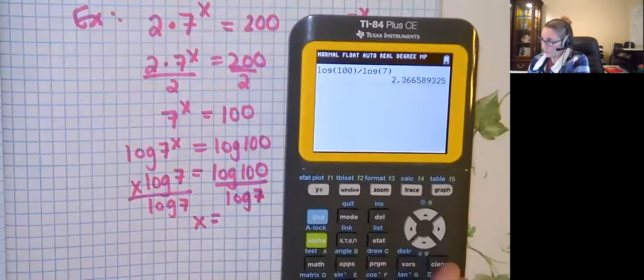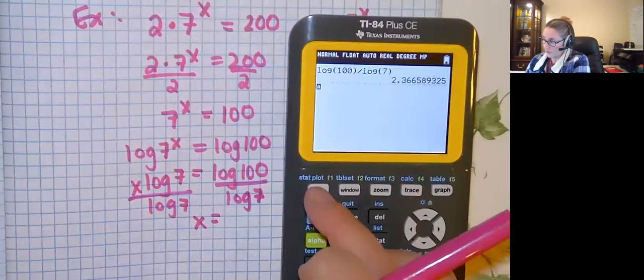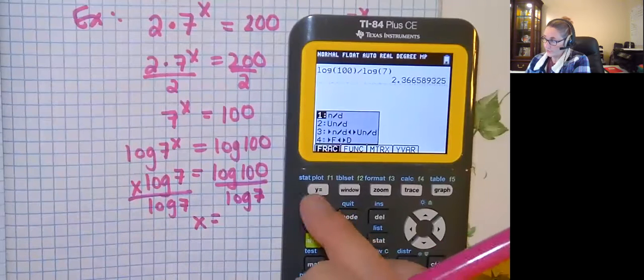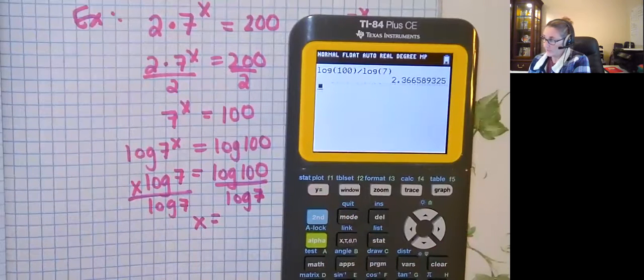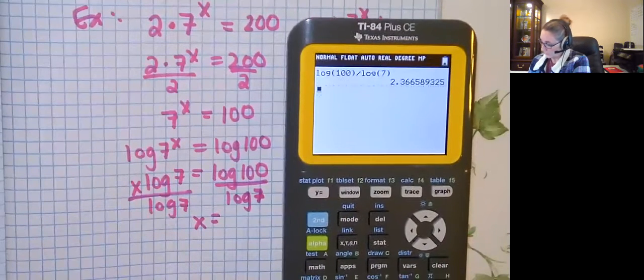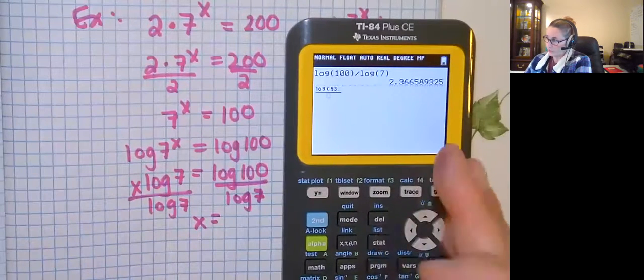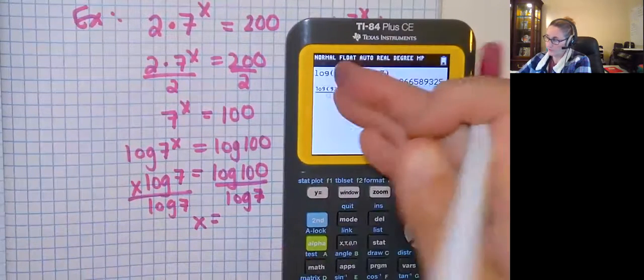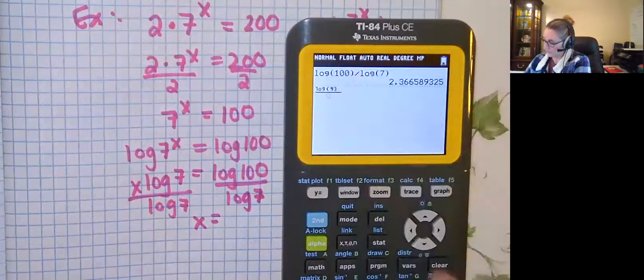Now you can also do alpha y equal, and that's fraction, okay? And then I can do log of 93, and I can close or not close, because if I'm not doing any other math on top of this fraction, I don't need to close it because it knows that I'm done. I want to calculate just the top. Now I'm going to calculate just the bottom.